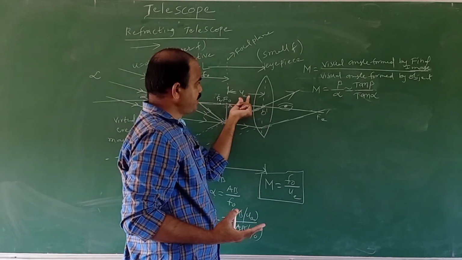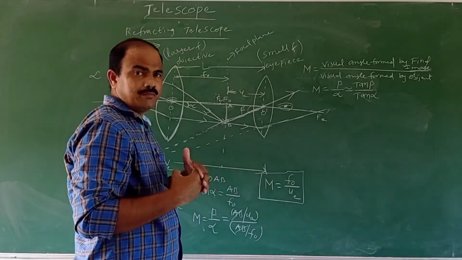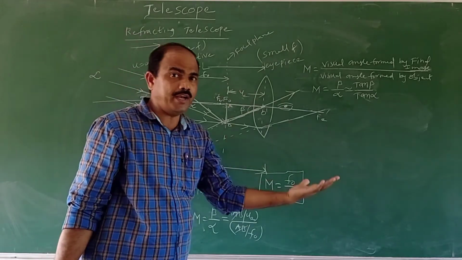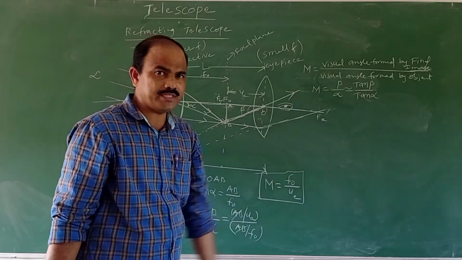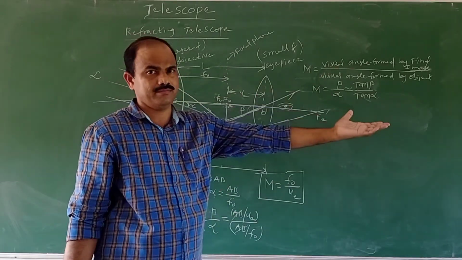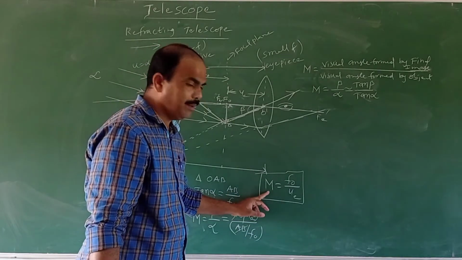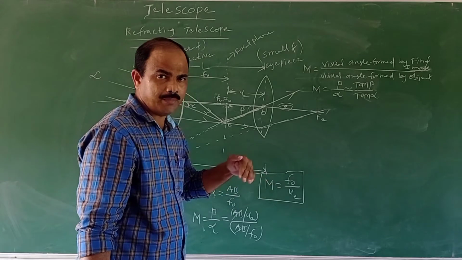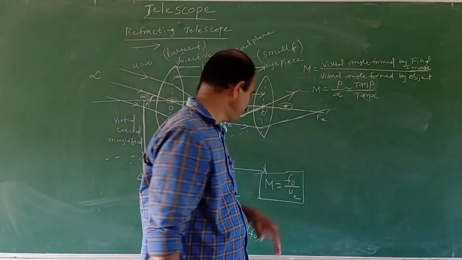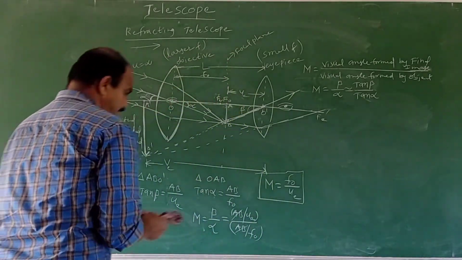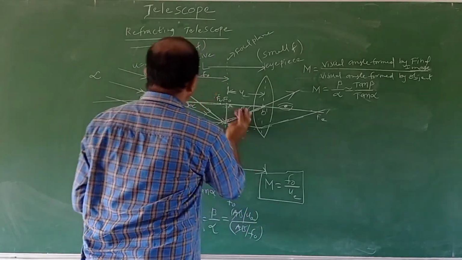So we can form the image at the near point as well as at the far point, at 25 centimeters as well as at infinity. That's why we get two formulas for the magnifying power: one when the image is formed at the near point and another when the image is formed at the far point. Next I am going to explain the magnifying power when the image is formed at the near point.